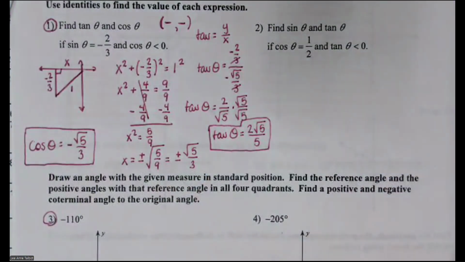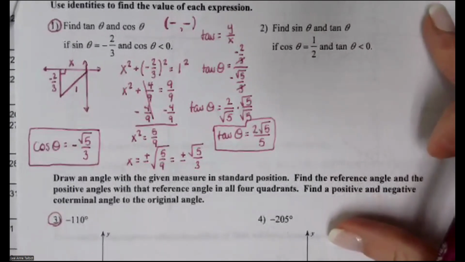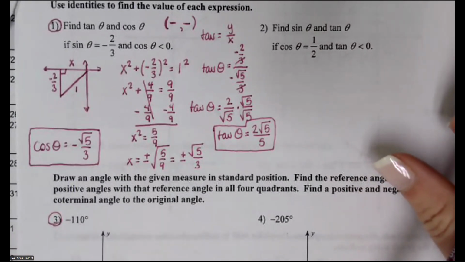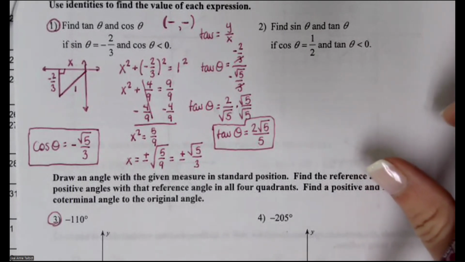And I rationalize. And final answer is 2 root 5 over 5. Okay. Any questions on number 1? We got it? Number 1?